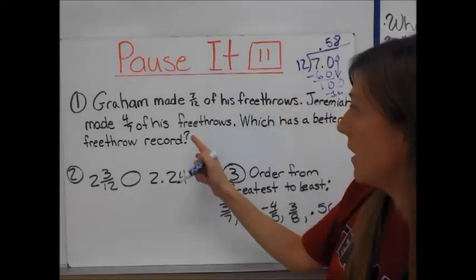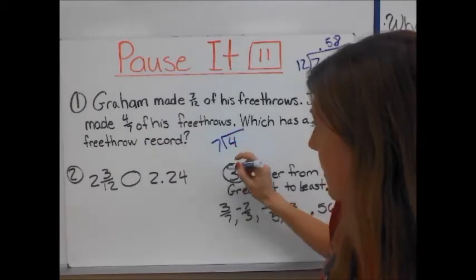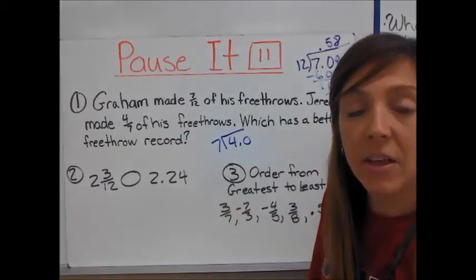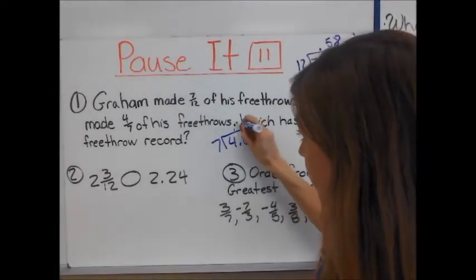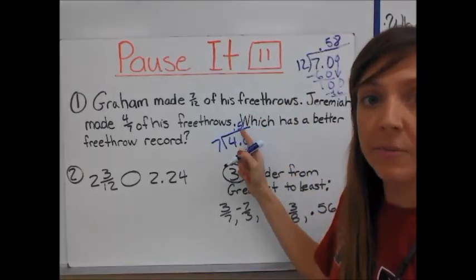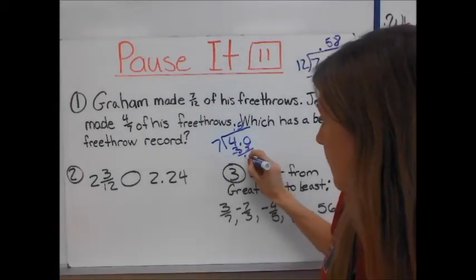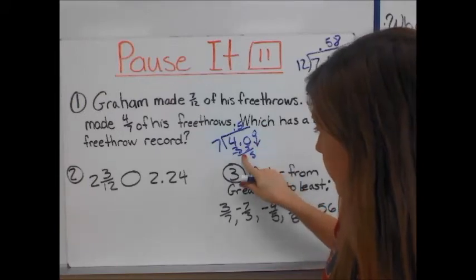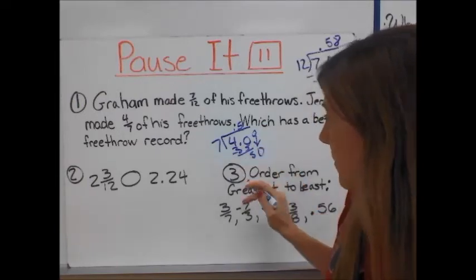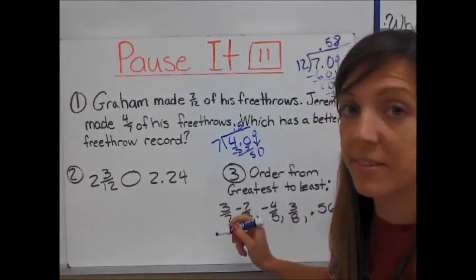That might be enough. And 4/7, top number in the house, goes into 40 5 times. 5 times 7 is 35. We subtract and get 50. 7 into 50 goes 7 times.